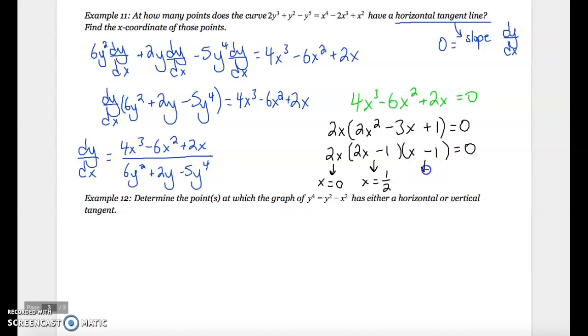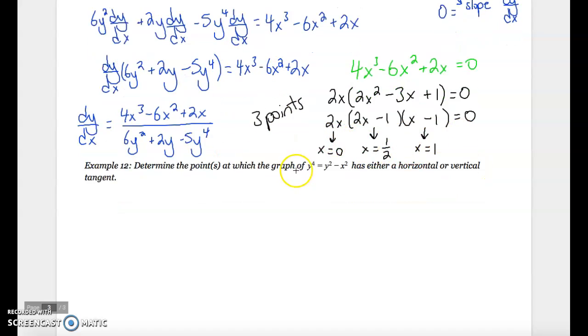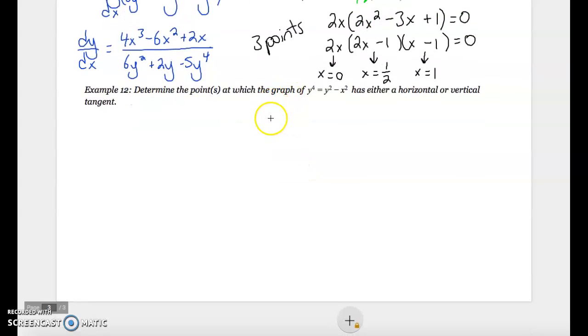Then x minus 1 equals 0 would give me x equals 1. So those would be all of the points, so 3 points where your curve has a horizontal tangent line, and those are the x-coordinates of each of those points. So we did it.